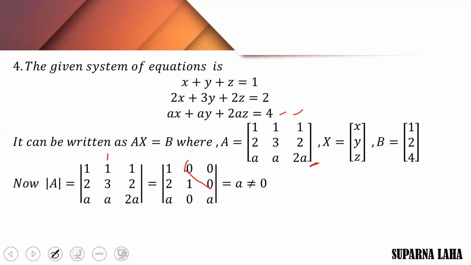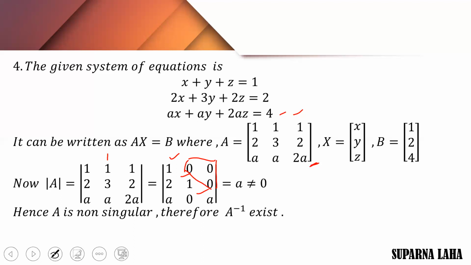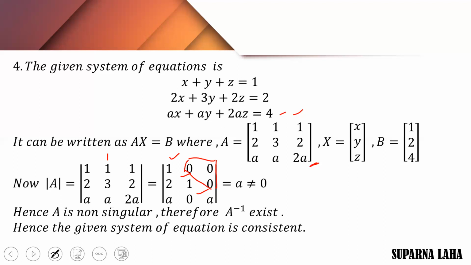These three elements are 0, so the determinant value is just the product of its diagonal elements, 1 into 1 into a. So this is non-zero, which means it is non-singular, so a solution exists, that means A inverse exists, and the system is consistent. So moving to the next one.